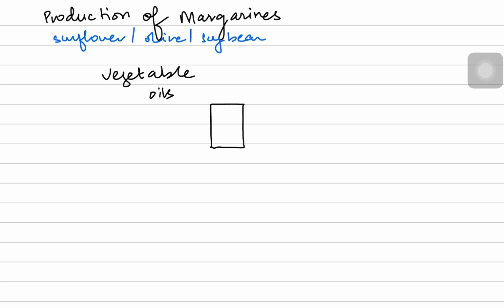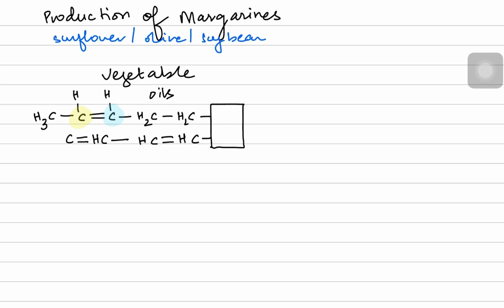I'm not drawing the whole structure for you, but I'm just showing you that these compounds have a lot of carbon-carbon double bonds like these. Inside each vegetable oil, there are so many carbon-carbon double bonds, and your focus should only be on those carbons which have a carbon-carbon double bond.